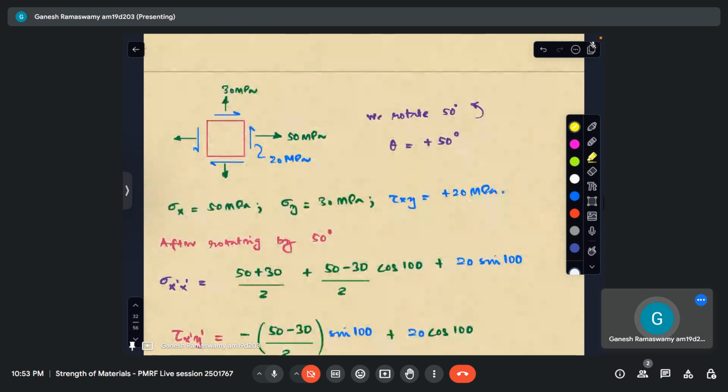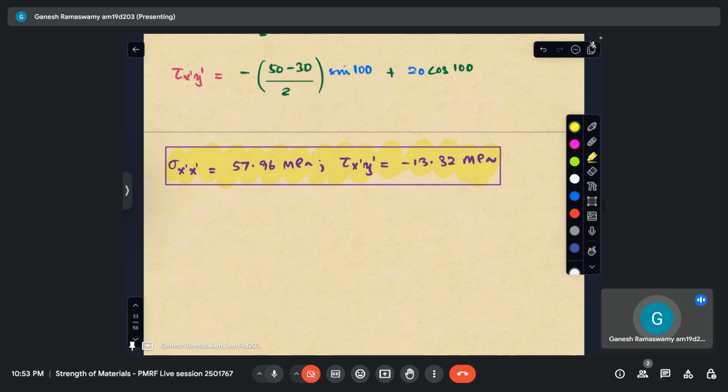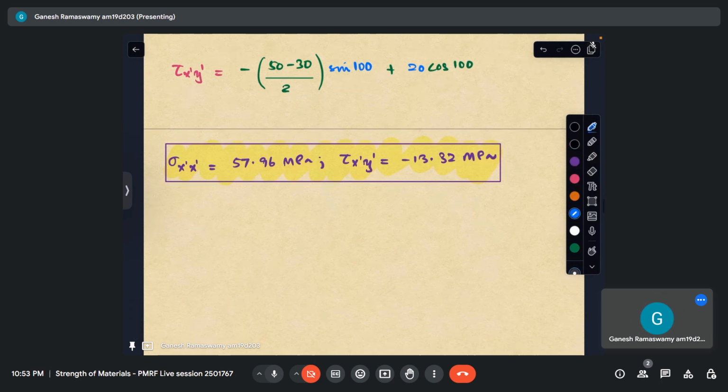We already know that when the normal to that plane is oriented at 50 degrees, we already have a recipe to find out what the normal and shear stresses are using the Cauchy's formula. So let us see why actually we need this instead.